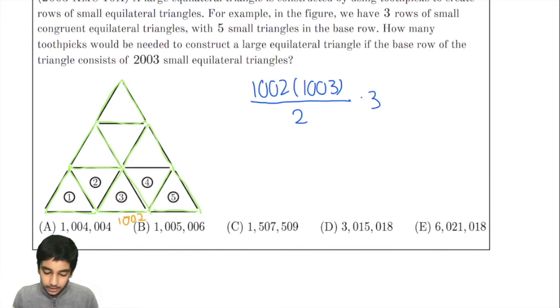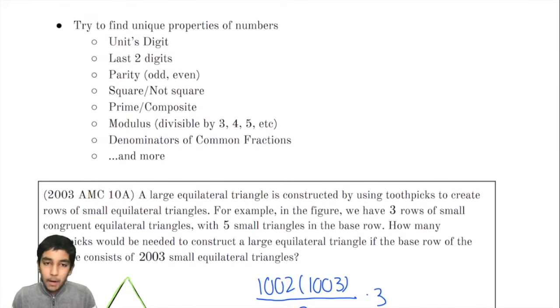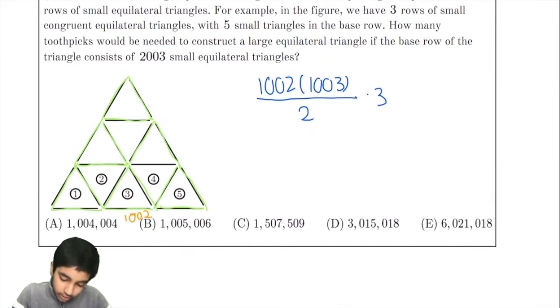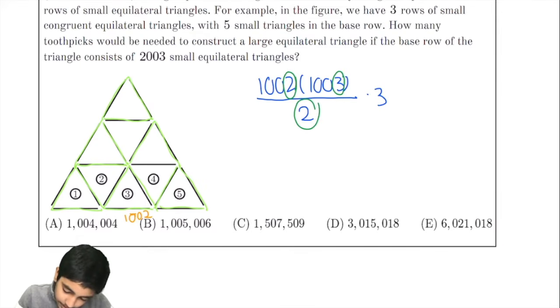Now one way to evaluate this is just to multiply the whole thing out and see which option choice matches. Or a more clever way is to look for the unique properties of numbers or option choices, like I was mentioning. Rather than calculating it out, think about just the unit digit. If we look at just the unit digit, it's going to be 2 times 3 divided by 2 times 3, which is just going to be 9.